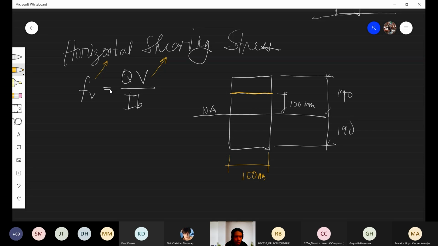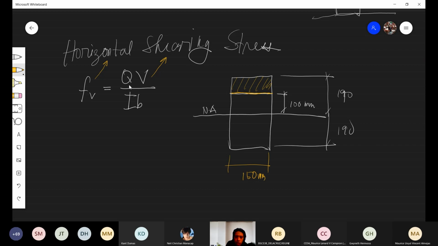Okay, let me say it again. Q is the moment, area moment, kaya area moment hiya. O sa area moment man, ano nga area? Area nga above of the fiber. What area is the above of the fiber? Di ba this area?